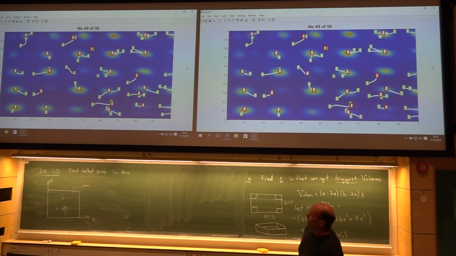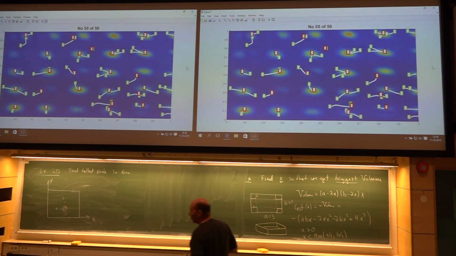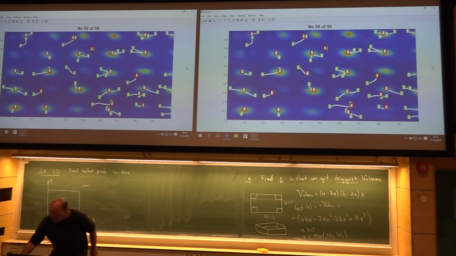Of course, several of them will find the same peak. And maybe some of them don't even get started. The start will be the same as the stop, pretty much.